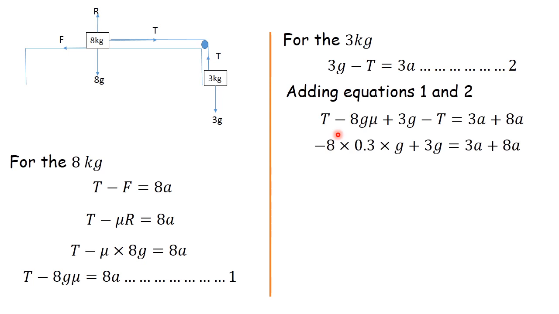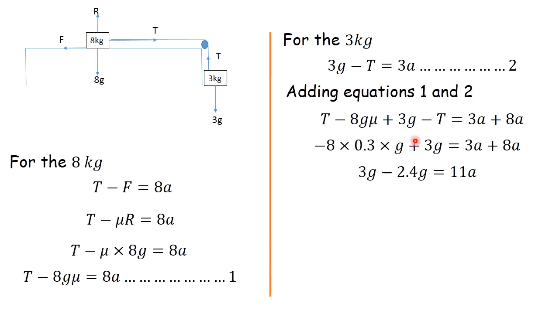So we shall have negative 8 times 0.3, which is the coefficient of friction between the table and the 8 kilogram mass, times g, plus 3g is equal to 3a plus 8a.